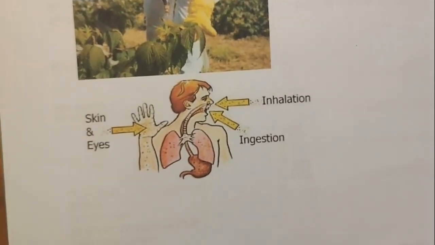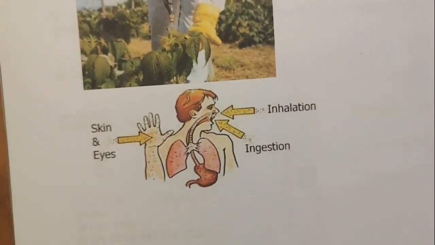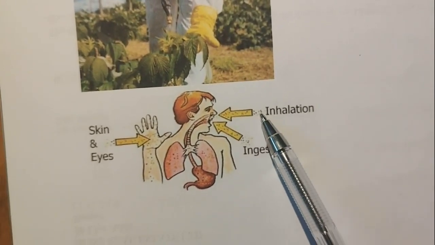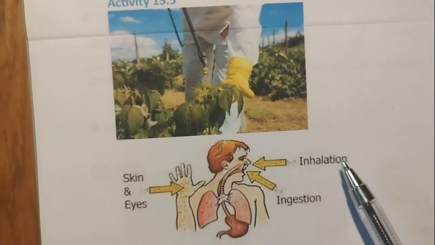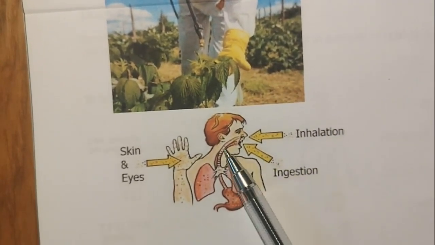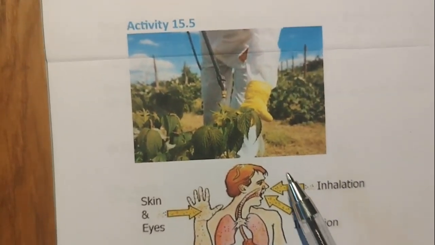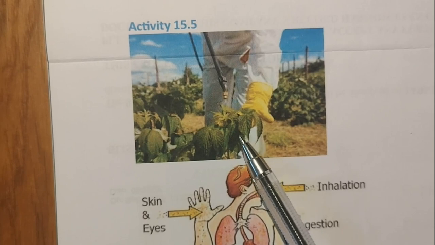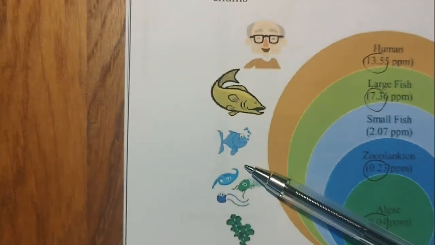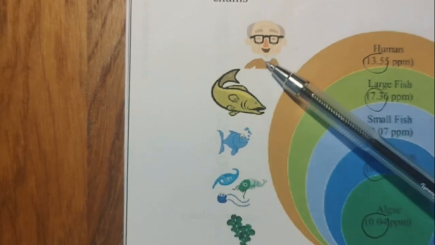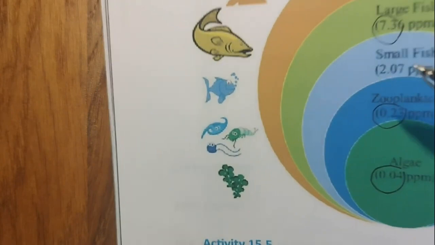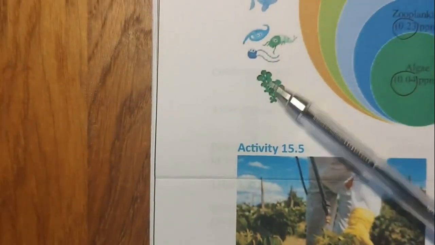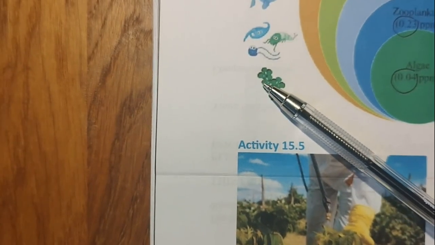The pesticides can enter our body through inhalation when they are being sprayed, or ingestion when we eat fruits and vegetables that are sprayed with pesticides, or when human beings eat fish or other animals that have been fed on stuff contaminated with pesticides or chemicals.